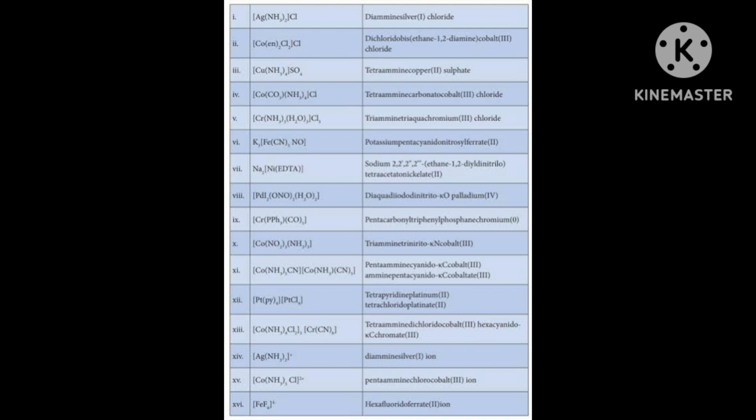Now NH3 is neutral, you know. Then finally the charge on the cation will be only +1, because silver has oxidation state 1.